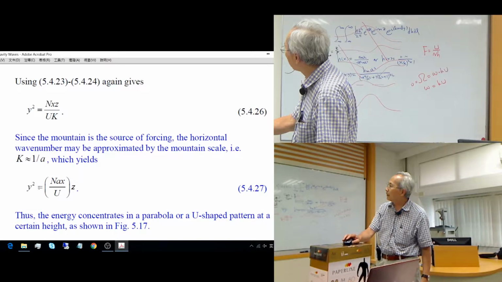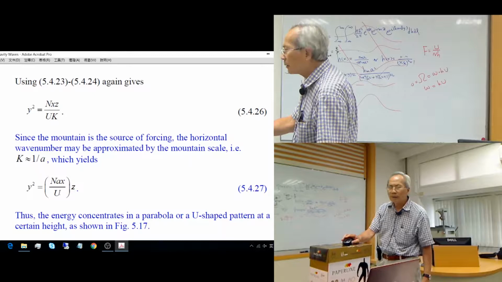This one, y squared equals NAx divided by U z. So what does that mean?